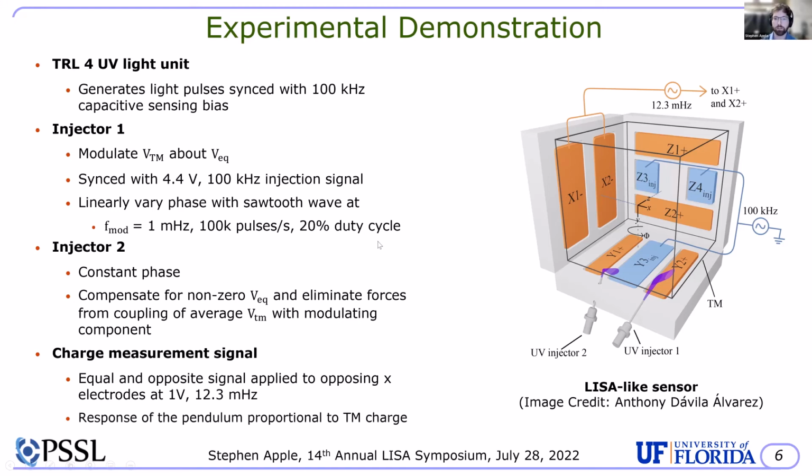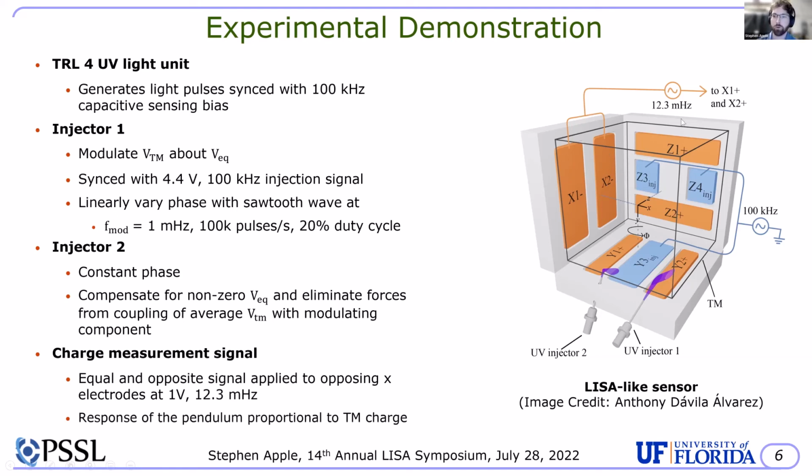Then we have a second UV light injector that is shined at a constant phase and is used to compensate for the non-zero equilibrium potential and eliminate forces resulting from the coupling of the average test mass potential with its modulating component.